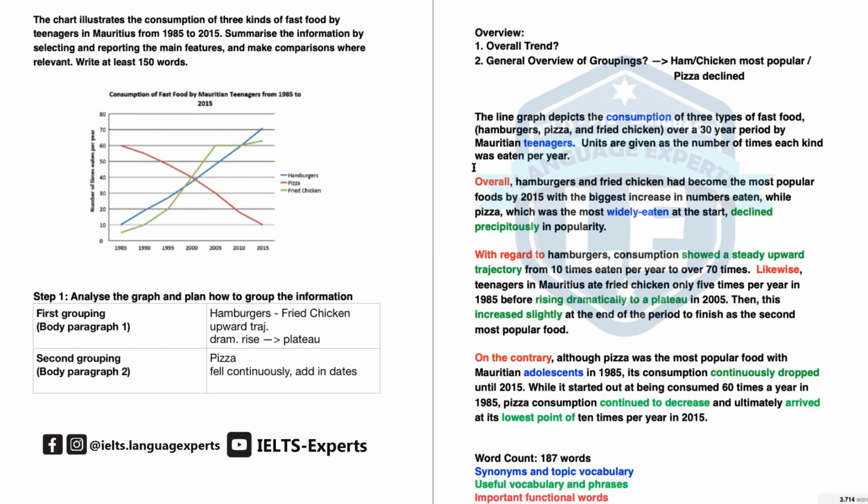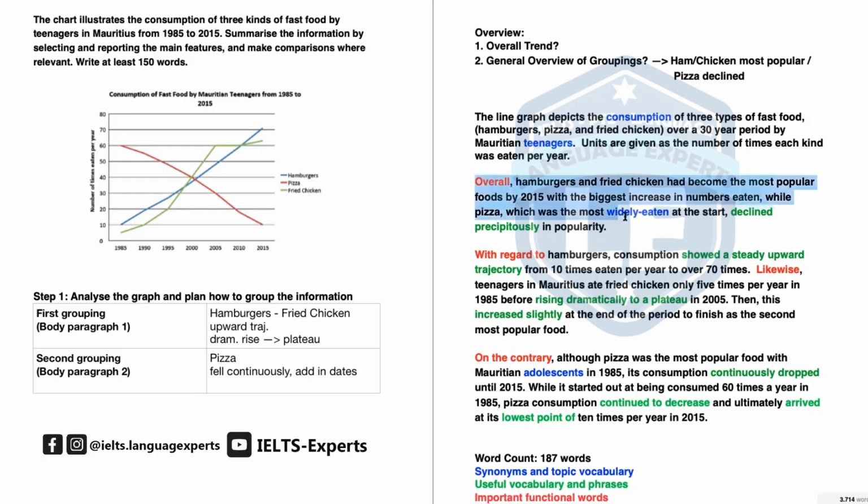In our question statement, it says in Mauritius from 1985 to 2015. Here we say over a 30-year period, which is still correct, by Mauritian teenagers. So this is saying the same thing, just in different words. It's also nice to include information about the units, especially in this case where it will not be as long as our previous example, so it will be helpful to include this information.